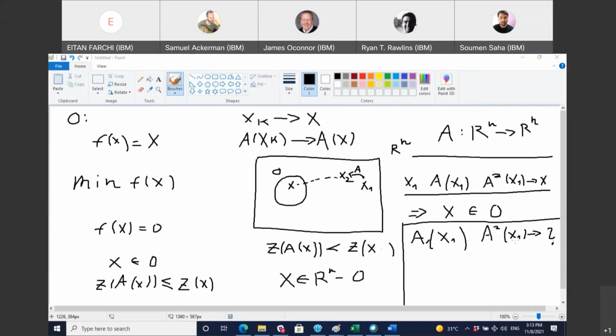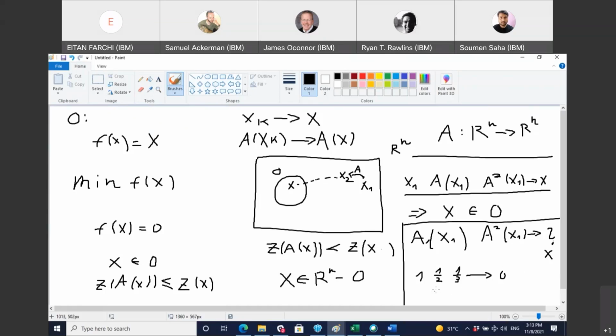Why isn't it just X like the other one? I'm not sure what you're asking, Eitan. Yeah, that's the answer. That's why you're not sure. That's the correct answer. It's like if someone comes to you and says 1/2, 1/3, and so on, converges to what? 0.